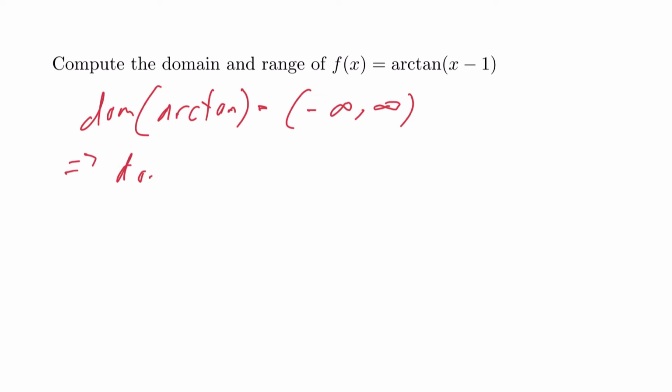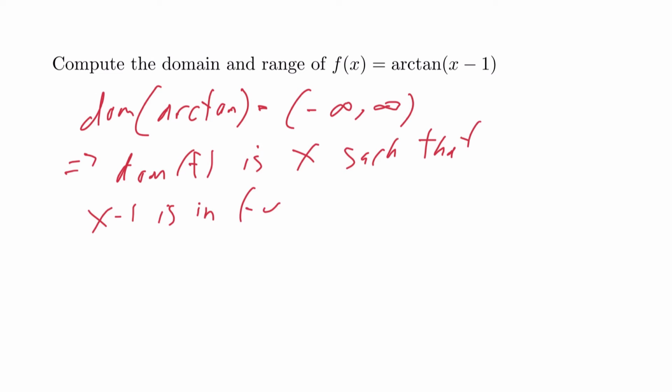So what is the domain of f? It's all the inputs x such that x minus 1 is in the interval minus infinity to infinity. Well, this is all x.